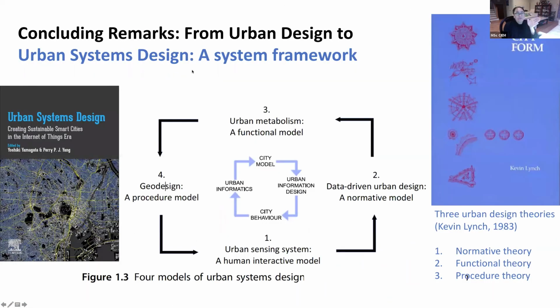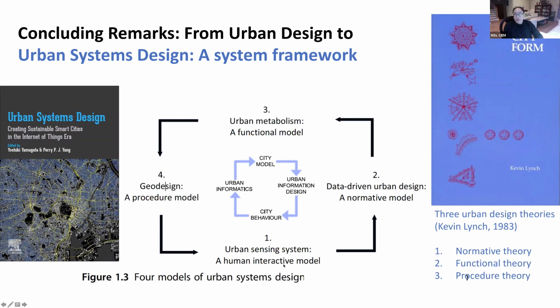So this is the final slide, almost. We need to move from traditional urban design as a form-making business to the new approach we call urban system design. So you can go to the book and book chapter to understand what we meant. I think we include Kevin Lynch's three theory, but we add one more, which is urban sensing system.